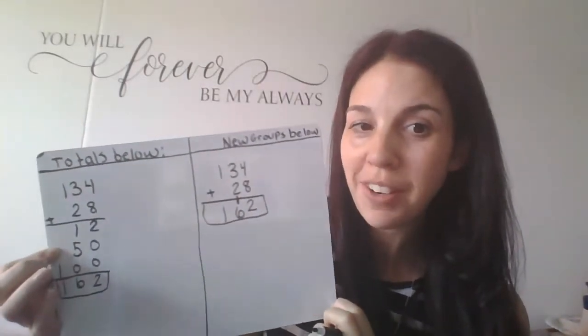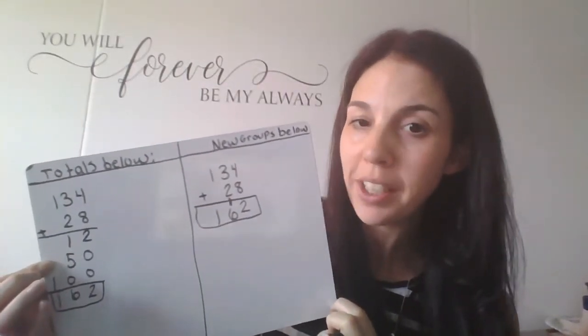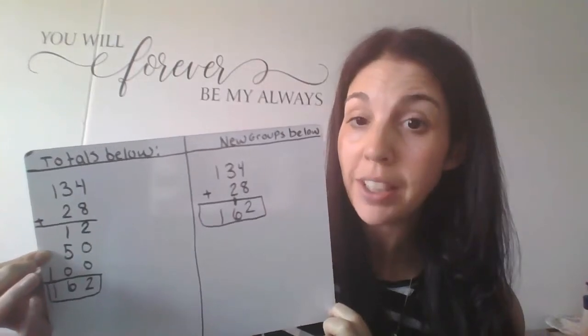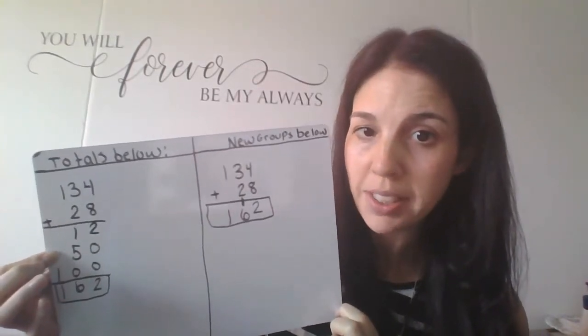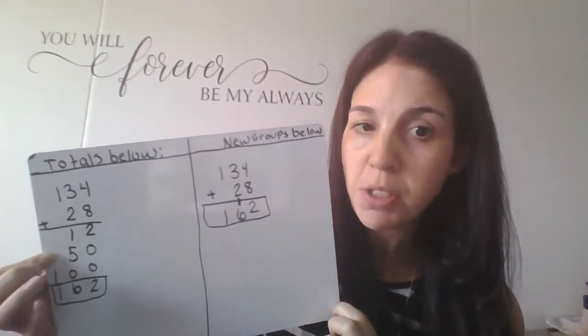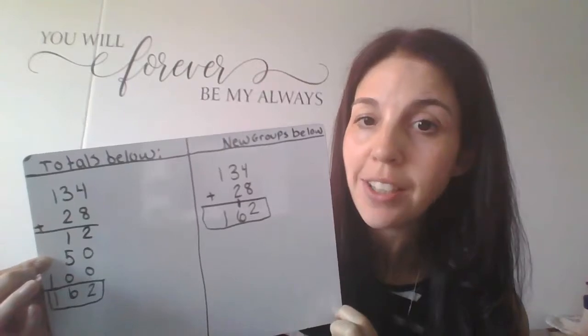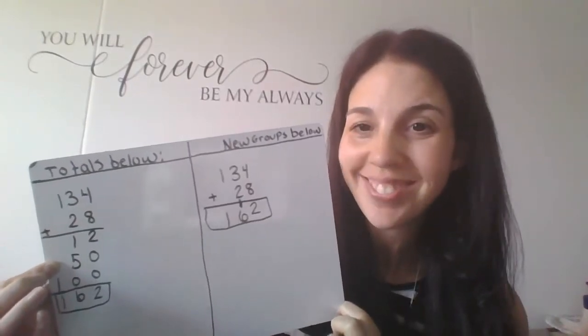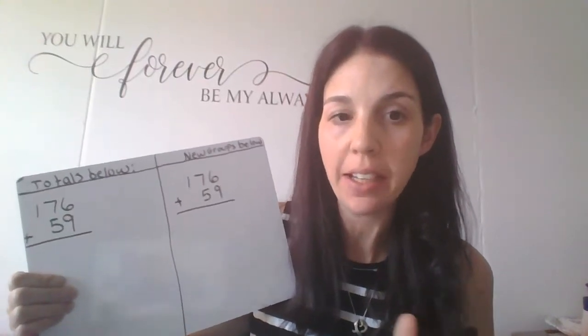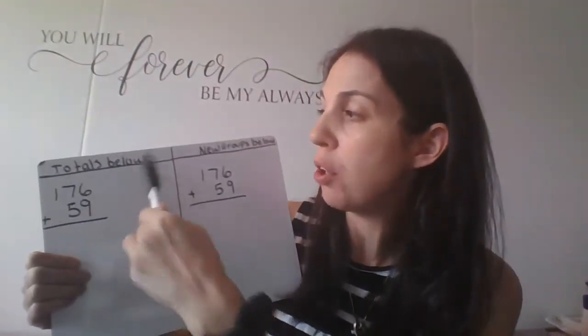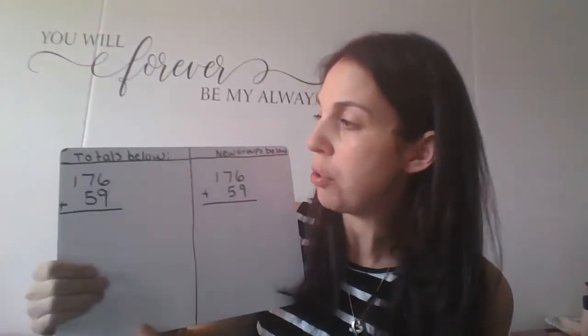So I wonder if you're already thinking about which one was quicker. I'm going to model another problem for you so you can kind of see the difference between totals below and new groups below. Our next problem is 176 plus 59. So again, I'm going to start with totals below, and I'm going to start with that strategy to show you.